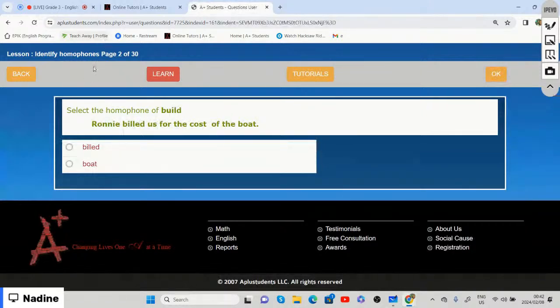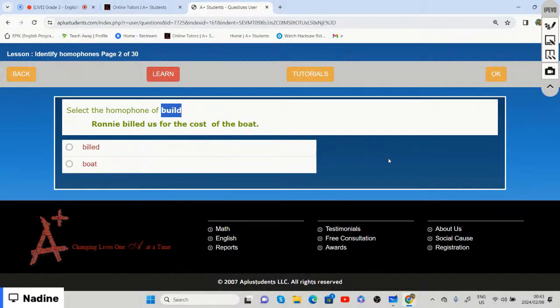We need to select the homophone of build. BUILD, build. So we need to find the homophone, the word that sounds the same as the word build, but the meaning and the spelling is different. It says Ronnie billed us for the cost of the boat.